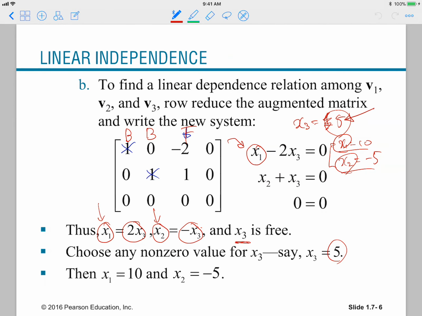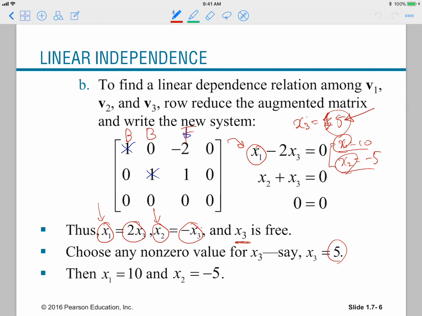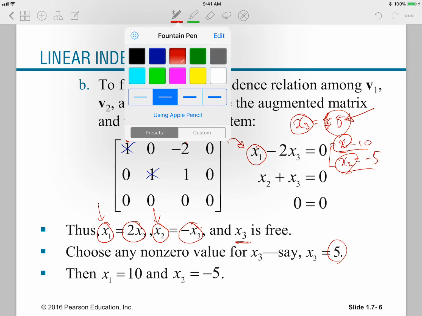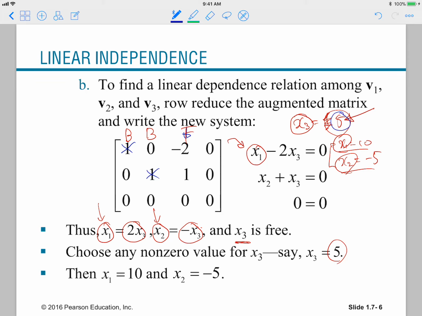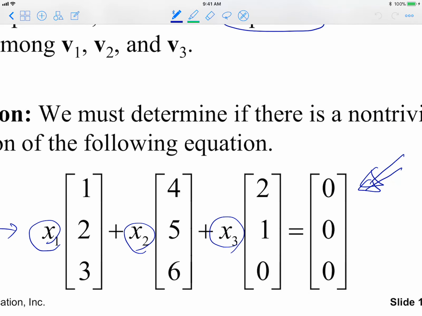And then we had this second question of finding the linear dependence relationship. That is just simply writing out our solution in this form. Okay, so what does this equation mean? We started from this free variable, and by setting it as just a non-zero value, accordingly we were able to determine x1 and x2, and then let's just plug these values into our equation over here.